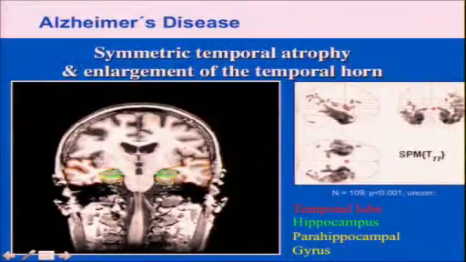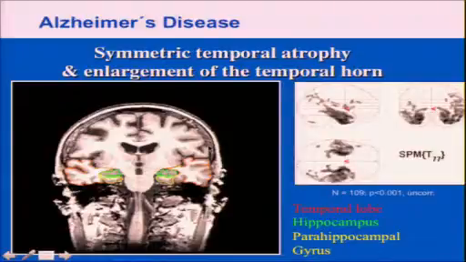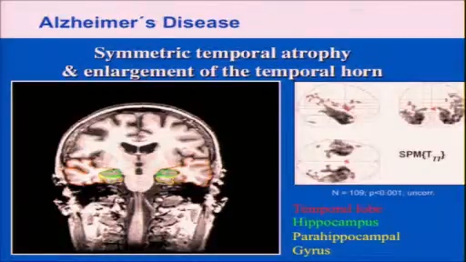But what is used most often these days, especially from groups that are doing a lot of research and clinical correlation, is that they acquire 3D data with a contrast that has a good differentiation between gray and white matter, and then they are able to quantify the hippocampus and the parahippocampal gyrus in relation to the total size of the brain, and in relation to the total size of the temporal lobe.